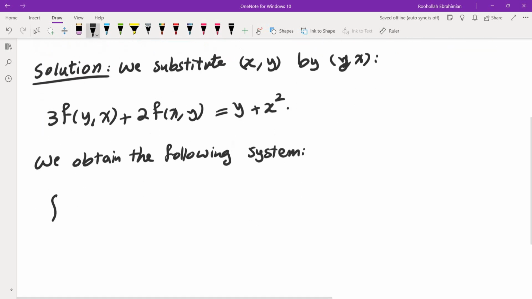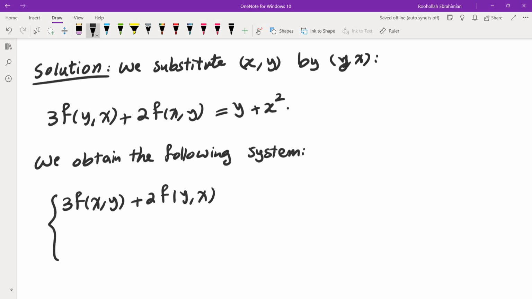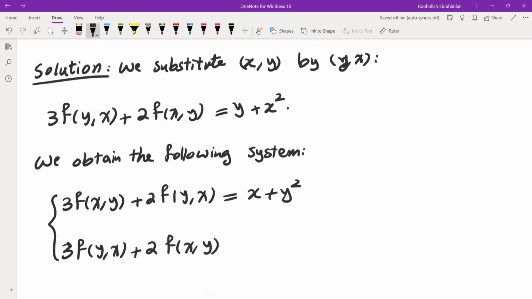One of them is the one that is given, 3f of x, y. This is the original functional equation, and the other one is the one that we just found, 3f of y comma x plus 2f of x comma y equals y plus x squared.